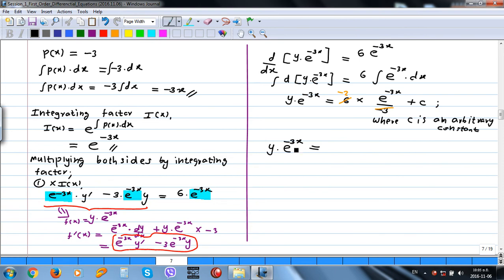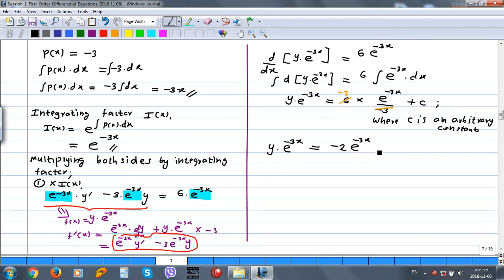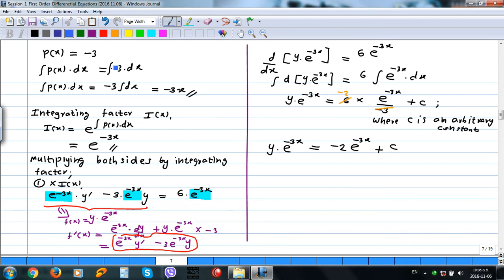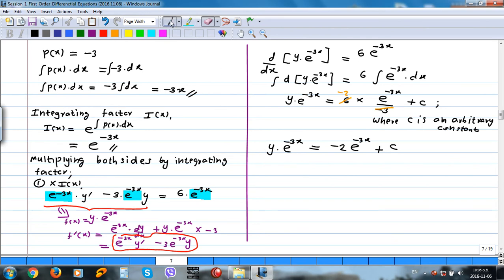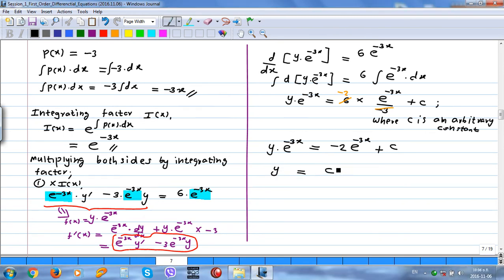So the answer is minus 2 e to the power minus 3x plus c. So we can divide both sides by this one. So if we divide by e to the power minus 3x, remaining y only, and equals here c, and I'm dividing and will show you, then you can really see.